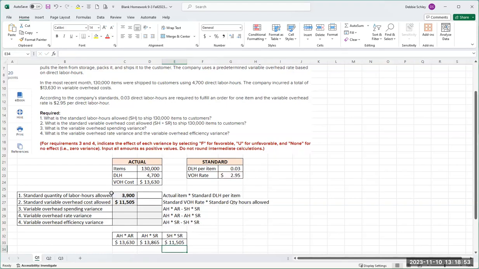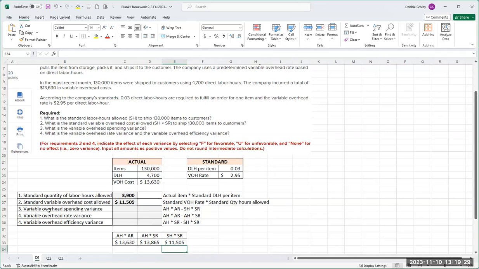So again, if I hadn't figured that out in required one, this number is the actual items. Is that right? Yes. The actual items times the direct labor hours per item turns it into hours, and then times the standard rate is SH times SR. So sometimes this third one takes three numbers to get to if we hadn't already figured it out in required one.